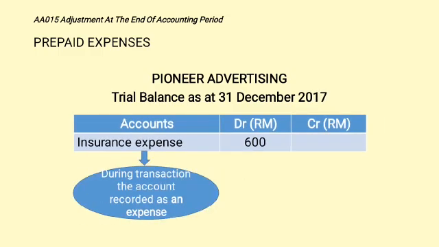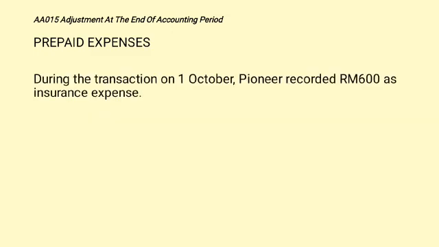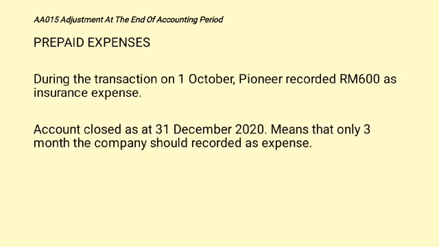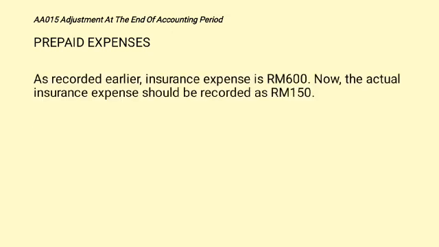We need to find how much the asset should be recorded during the adjustment. During the transaction on the 1st October, Pioneer recorded RM600 as insurance expense. The accounts close as at 31st December 2020, which means that for 3 months the company should record the expense. So the insurance expense should be RM150.